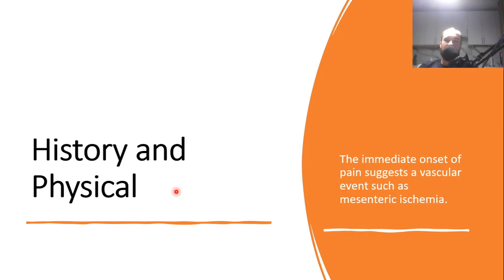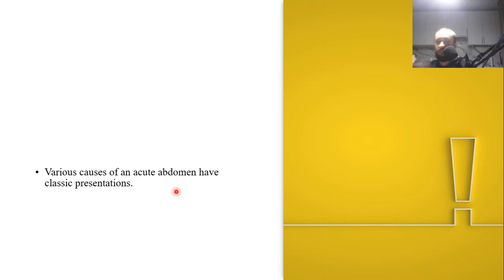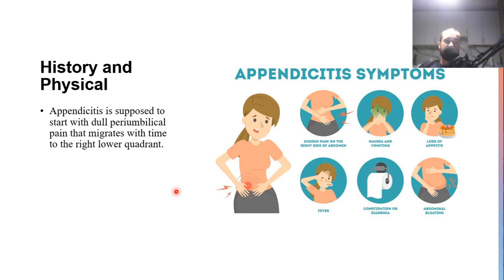The immediate onset of pain suggests a vascular event such as mesenteric ischemia. Syncope hints at blood loss, as from a ruptured ectopic pregnancy or leaking abdominal aortic aneurysm. Various causes of an acute abdomen have classic presentations.